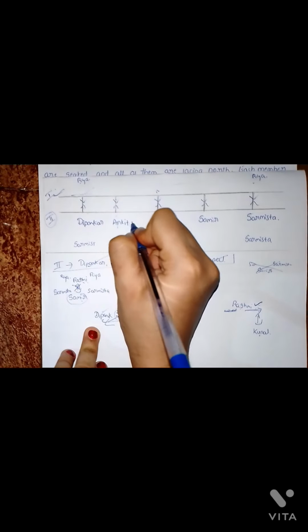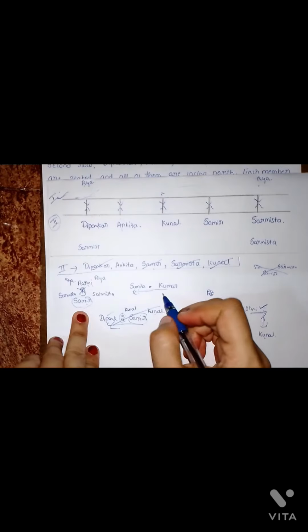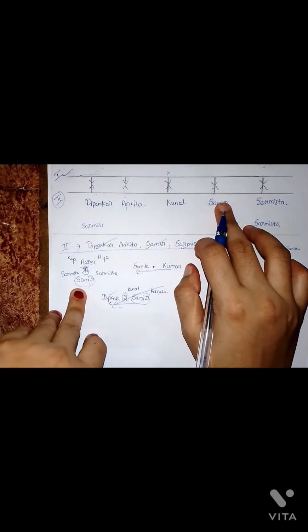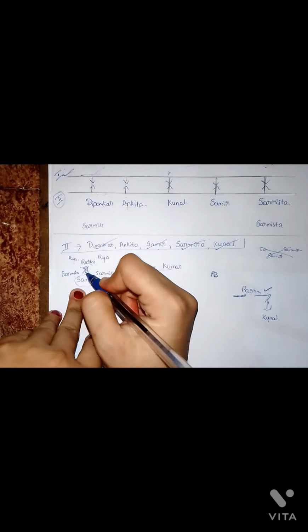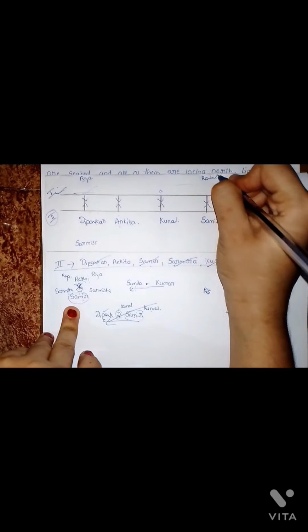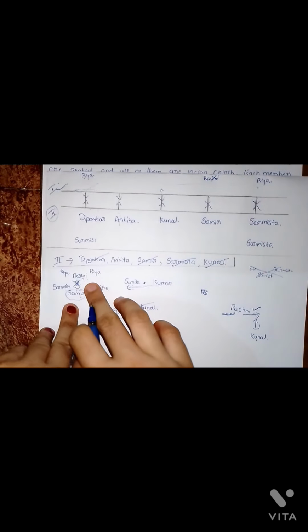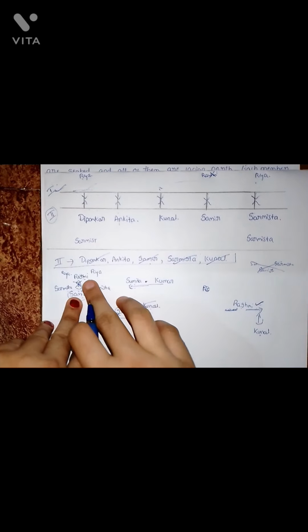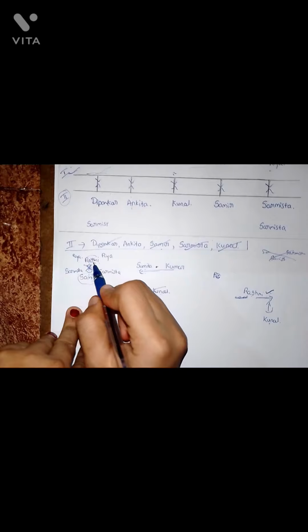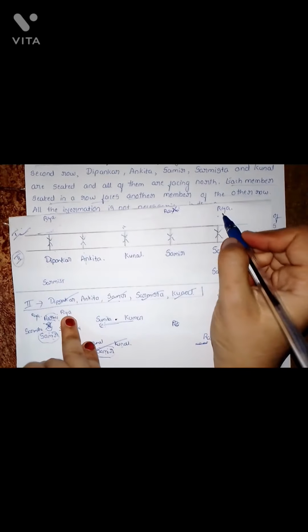Next, if Samir comes here, Rashmi should not be here. See this statement: Rashmi should not be here. We should write it. You have to analyze this carefully. Rashmi is the neighbor of Riya, and Riya should come either this side or this side.